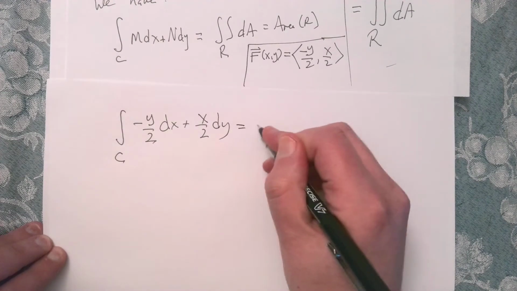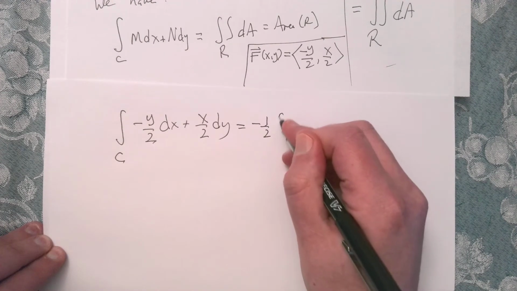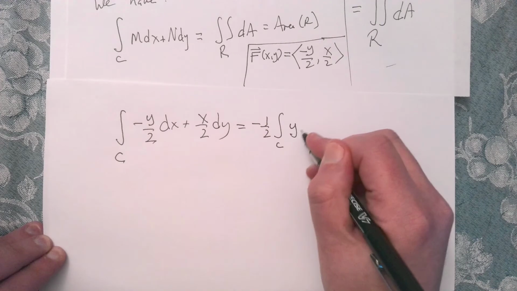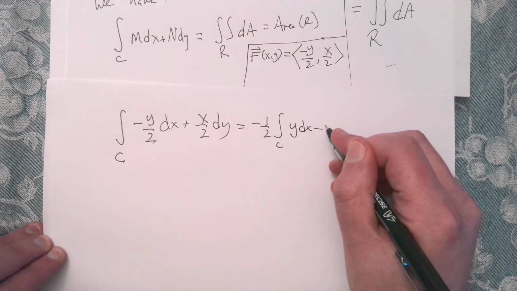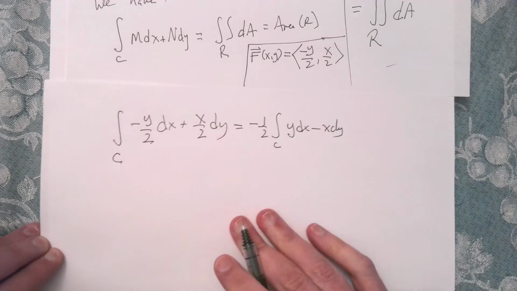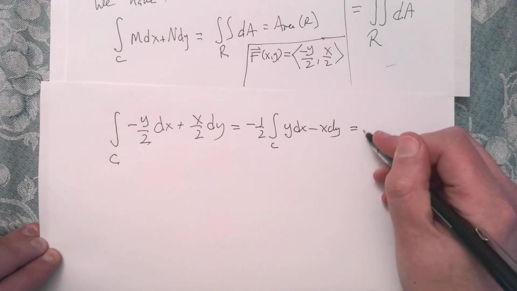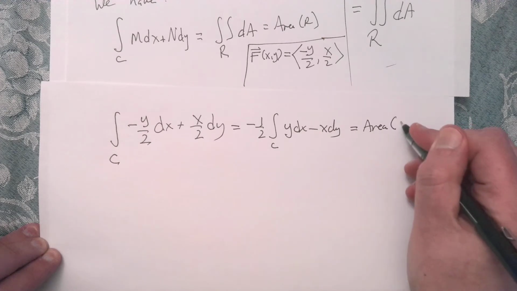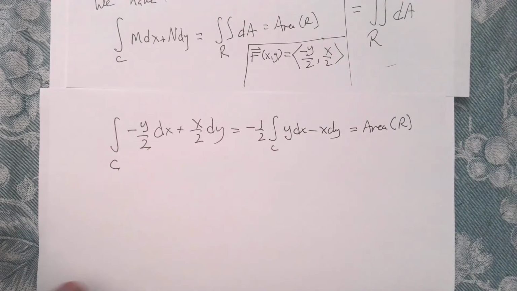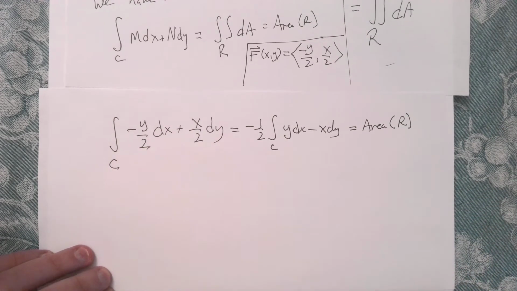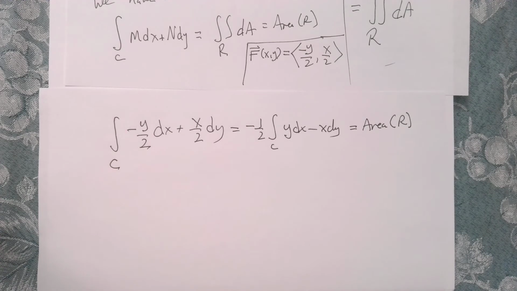And we'll just factor out a negative 1/2. So that'll be y dx minus x dy. And this will be the area of our region R. Okay, so finally we've got this line integral from vector calculus that will allow us to compute the area of a region.